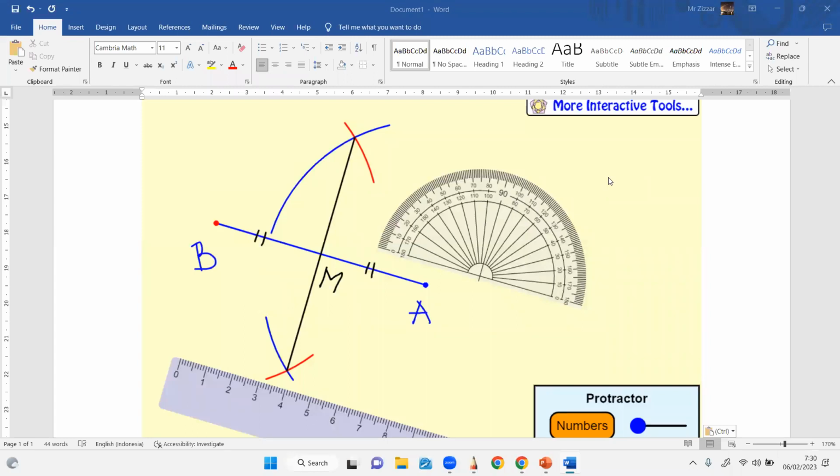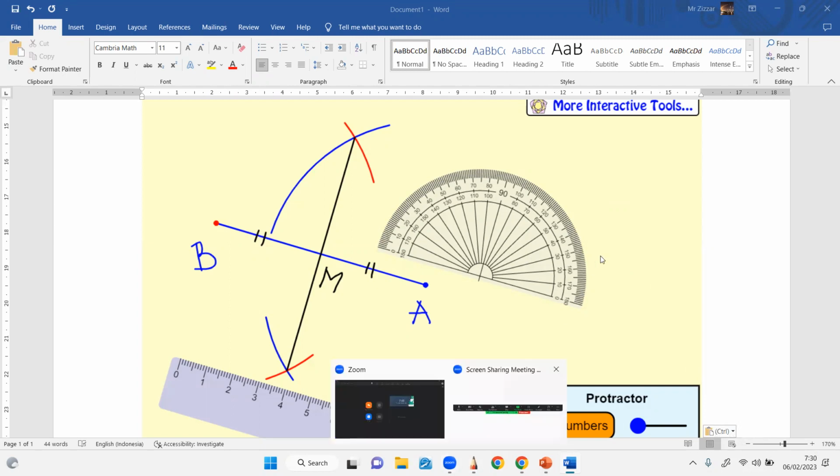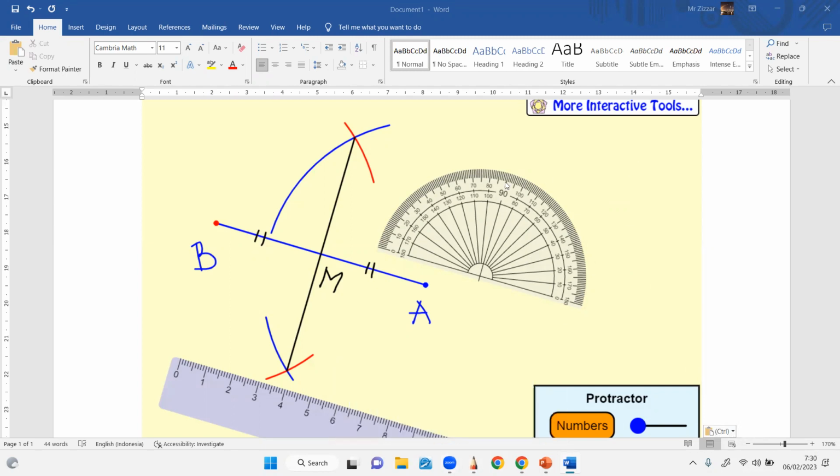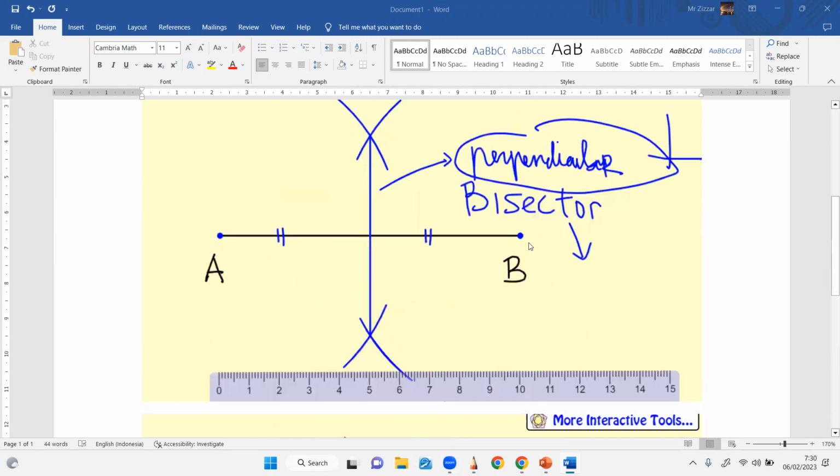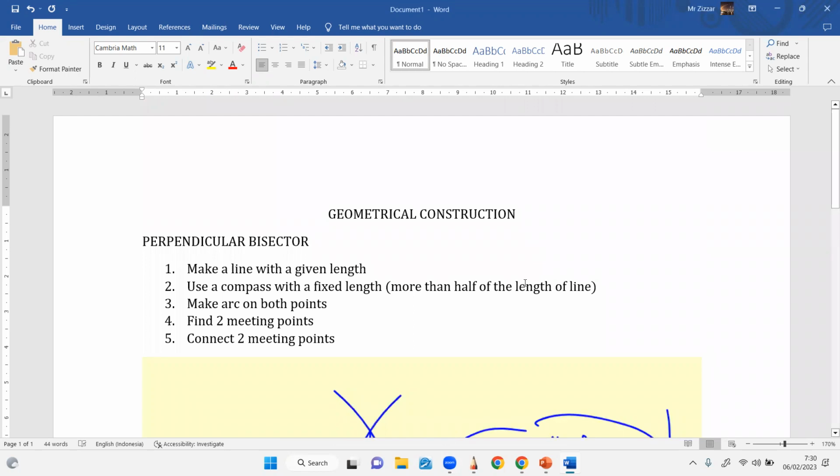More than 8, more than 4. Let's say the line is 8 centimeters, so it has to be 4 or more. So the compass length is flexible. Flexible means you can do as long as you want, but make sure it is more than half of the length of the line.